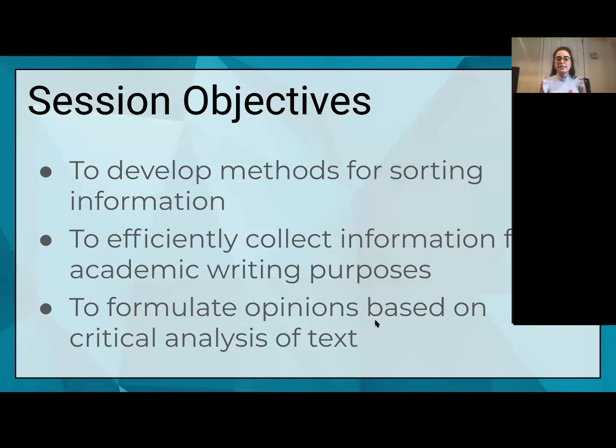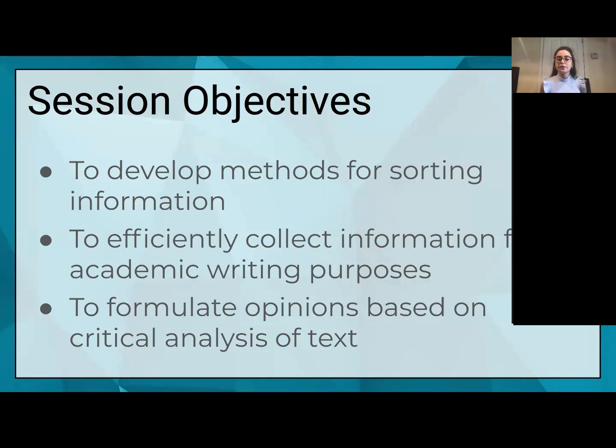essentially, just like I said, I really want to think of ways to develop methods of sorting information. We'll see some examples of what that looks like. We'll talk about how to actually read effectively and efficiently. And then we'll break out into groups and discuss the paper based on Dr. Kirley Freeman's lecture, which I'll put in the chat as well.